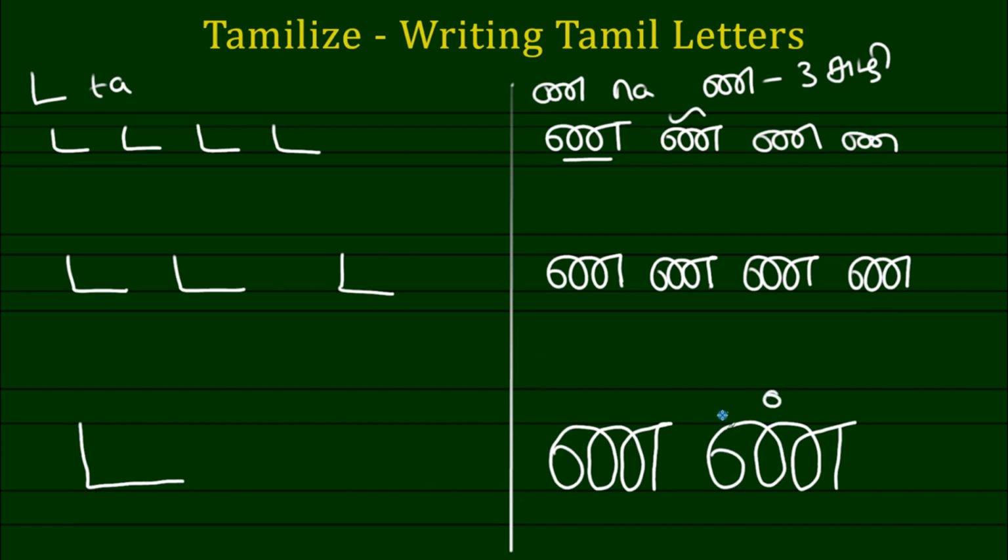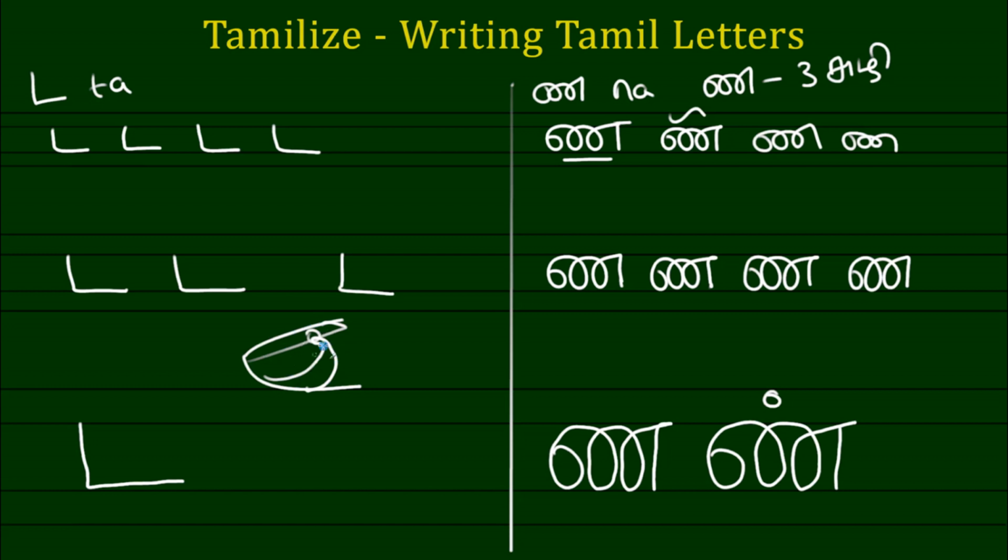So that is the na sound, or you can add a pulli and that becomes the n sound. So what you should do is, as I said, there are three na in Tamil. So you should also practice the difference between them. So you concentrate when you say tha, how the tip of the tongue touches the palate, right? So in your mouth, the palate is there, the tongue bends and touches the palate, right?